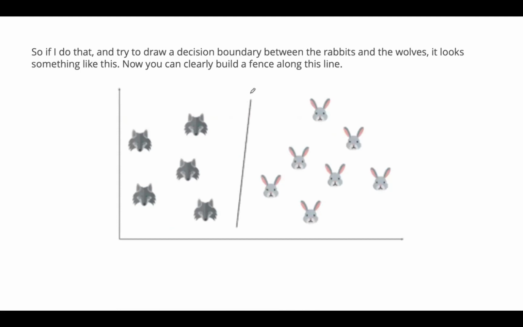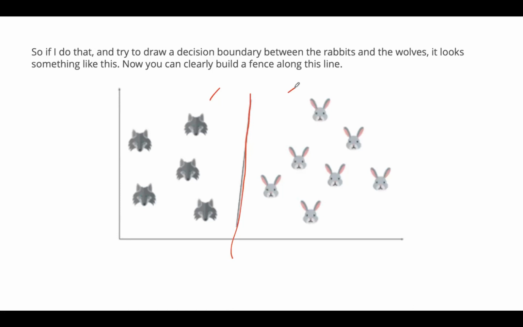So here we are drawing a decision boundary for separating these two classes. This is exactly how SVM works. It draws a decision boundary, which is nothing but the hyperplane, between these two classes in order to separate or classify them. Now, how do you know where to draw the hyperplane?